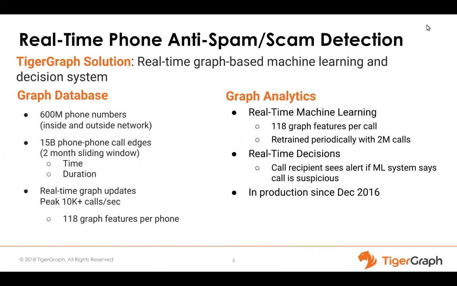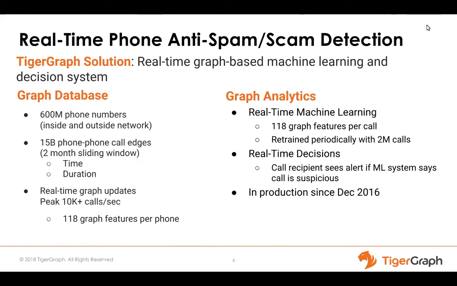And then we need real-time graph updates because, as we mentioned, there are more than 10,000 calls coming in per second, and we need to capture all those calls because those past calls, as we will show later, are indicative of determining whether the current call is likely to be fraudulent or not.